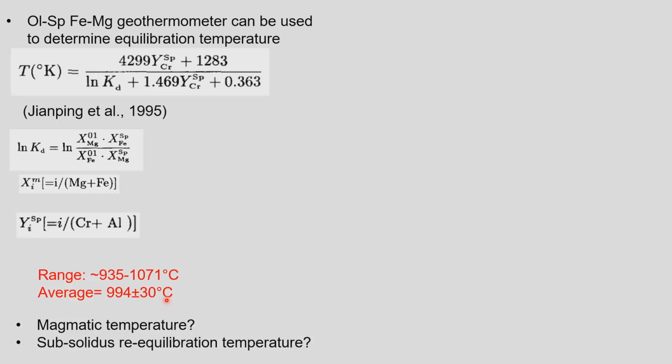But the other thing it unfortunately could tell us is what's called a subsolidus re-equilibration temperature. What that means is that the initial temperature that the rock formed at had been changed chemically, and so the temperature it gives isn't accurate to the actual magmatic temperature, which gives a different temperature altogether.